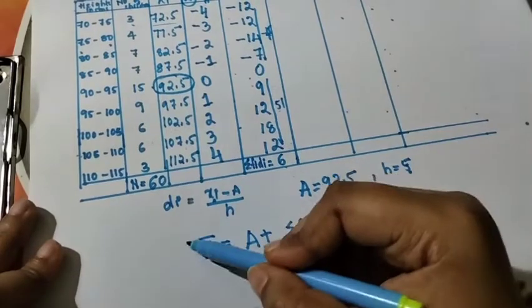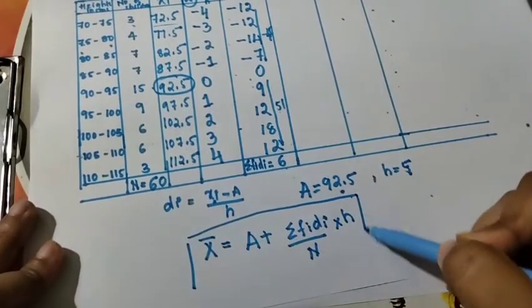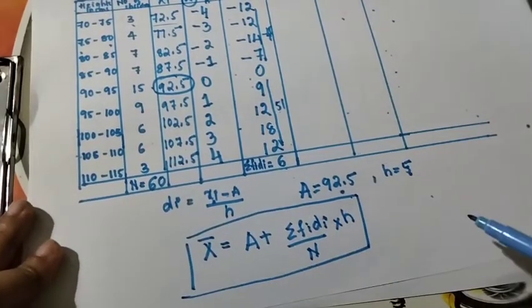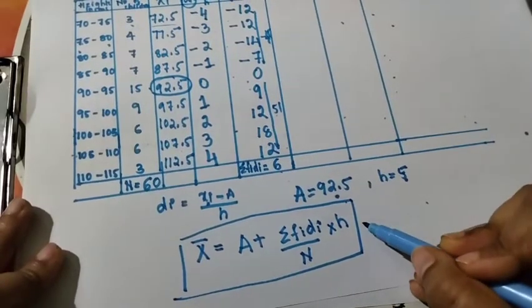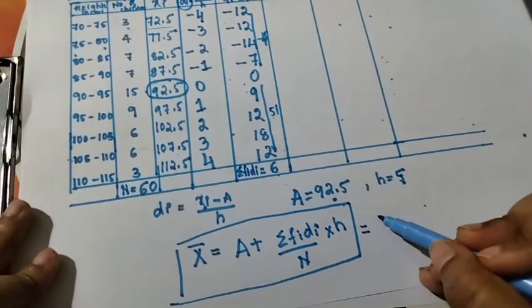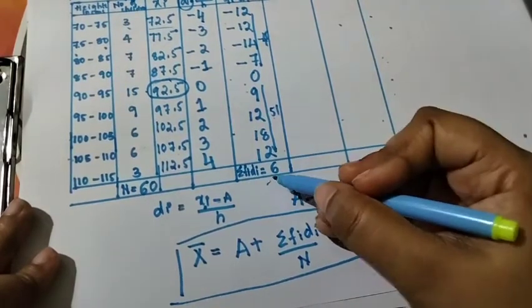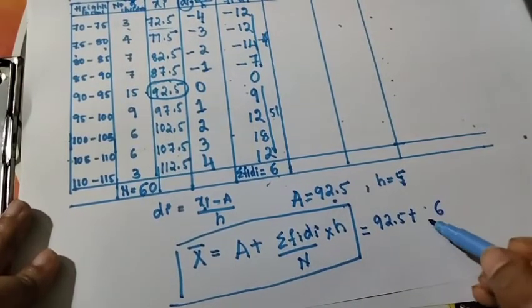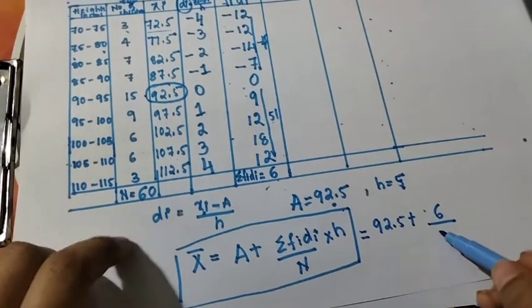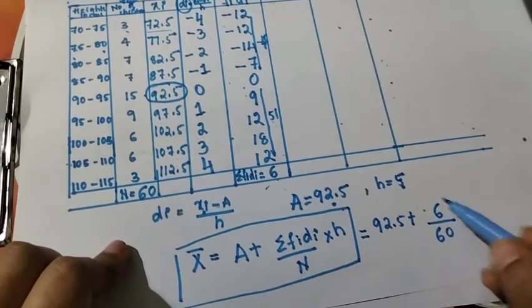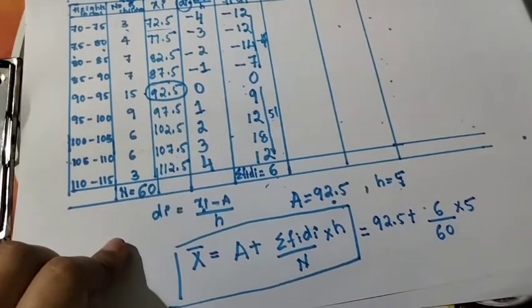Okay, so this is the formula to calculate the mean value. So assumed mean, I have taken as 92.5, plus summation fi di, I have got as 6. N value is 60 into height h is 5.